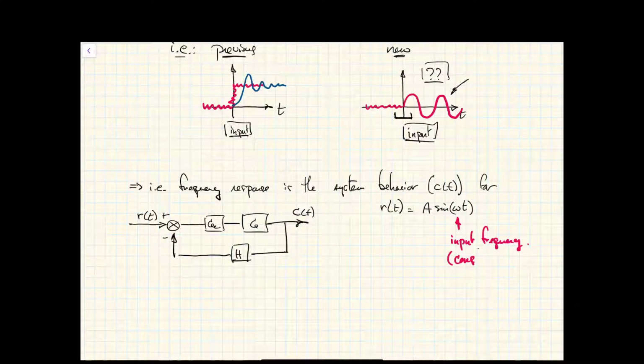That is a constant. So pick an omega, one value of omega, for your r of t, hit the system. What does this do to c of t at steady state? Pick a different omega, repeat, what's the new response of c of t, etc. That's what the whole frequency response analysis consists of.